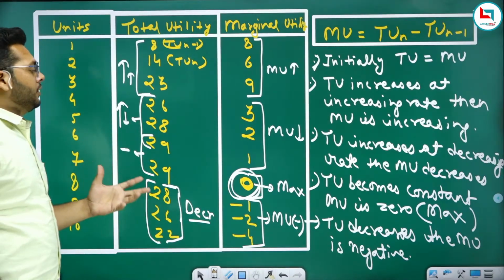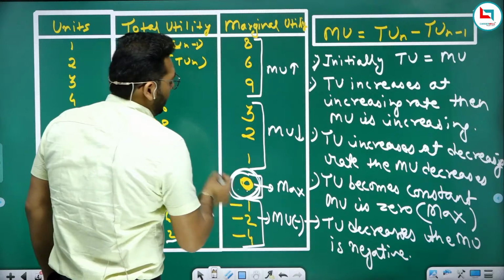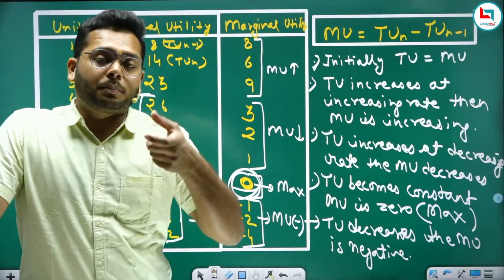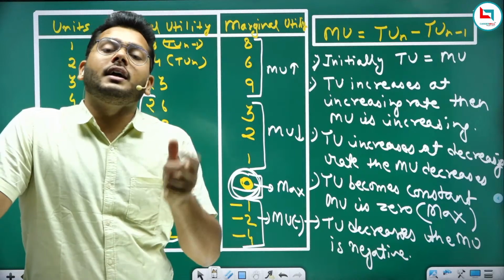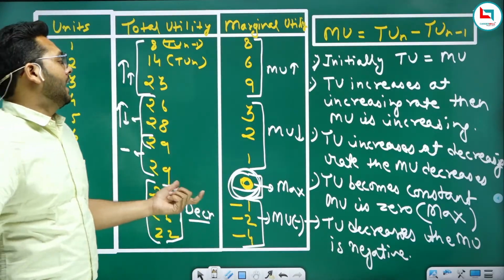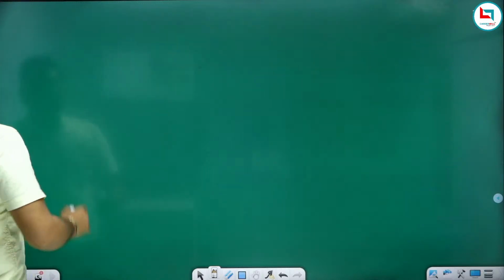What I was explaining to you all, yes, at point 0 you will get a maximum satisfaction. So the point at which you are getting maximum satisfaction is known as the point of satiety.